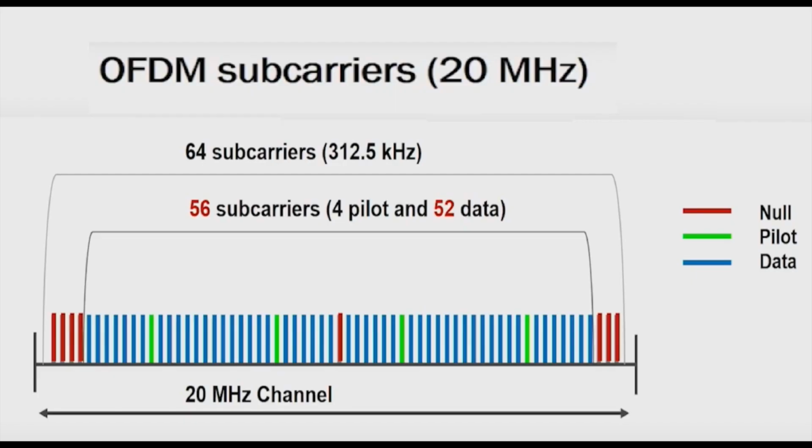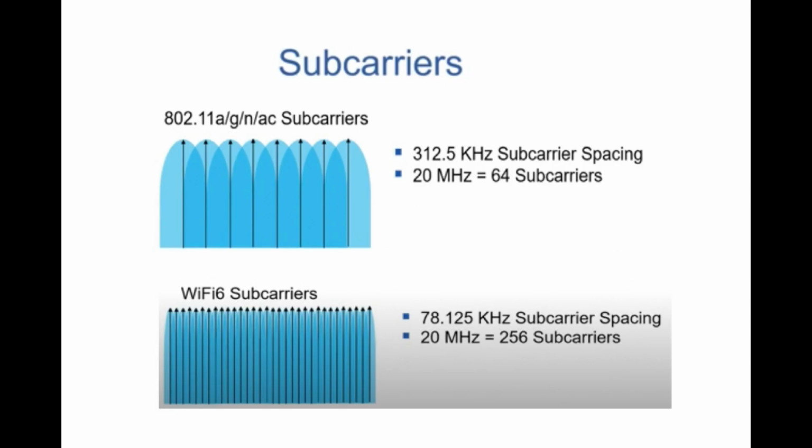Let's take an example. We have 64 subcarriers in OFDM, and if we divide it further, we get 256 subcarriers in OFDMA. Now, when we group these subcarriers, we make an RU called a resource unit.